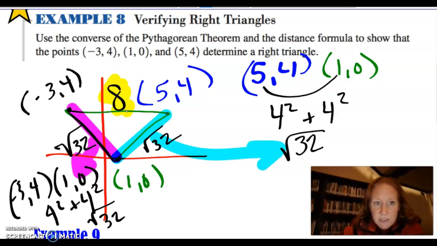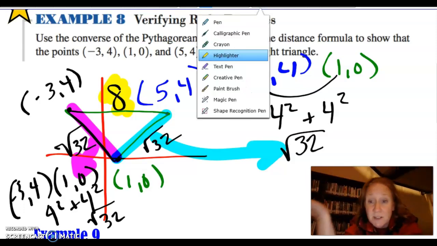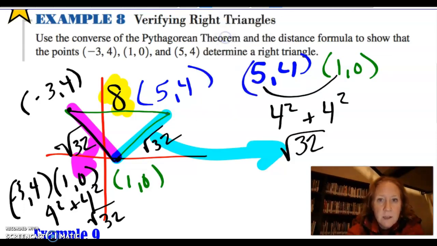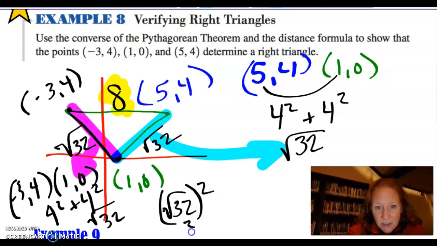Okay, did you do a whole bunch of stuff? Because you could have just counted because it was straight over. Okay, so now what I want to do to see if this works, I just do a squared plus b squared equals c squared and see is it true. All right, so I know that square root of 32 squared is just 32. Over here, this square root of 32, all squared, is also 32.